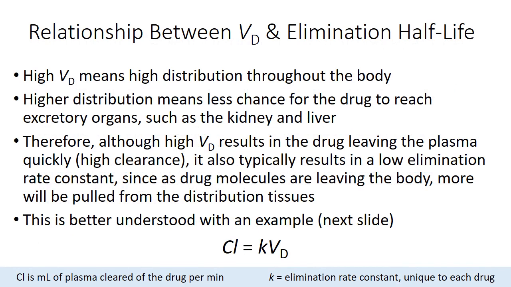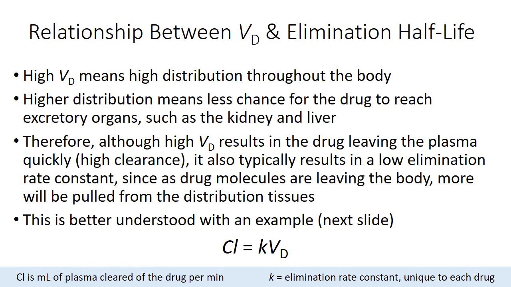I want to briefly discuss how volume of distribution and the elimination half-life are related. Remember, the elimination half-life refers to the time it takes for drug to leave the plasma. In this case, I'm specifically saying the amount of time it takes for half the drug to leave the body and be excreted. If a drug has a high volume of distribution, that means it's moving throughout the body a lot.